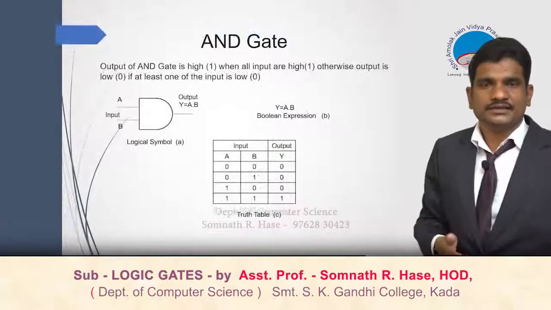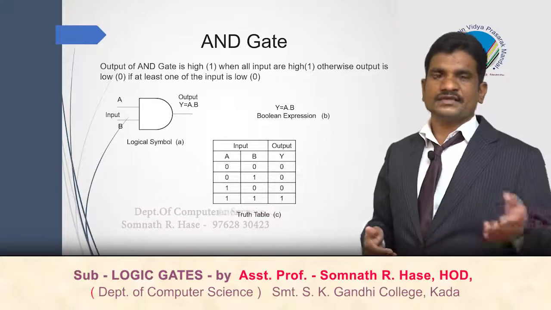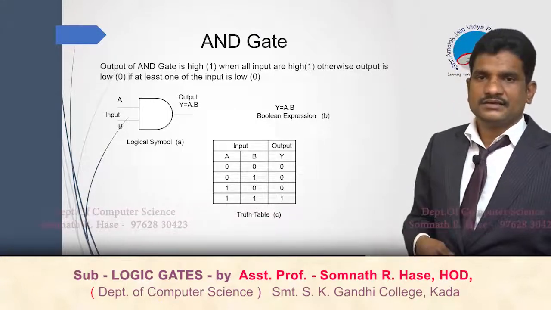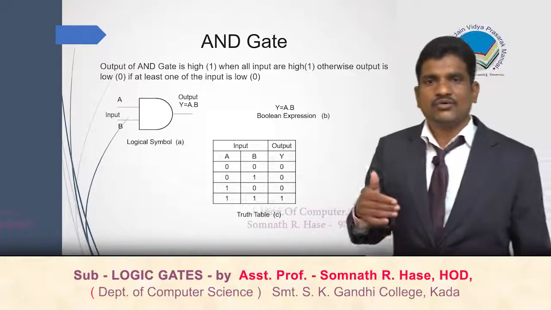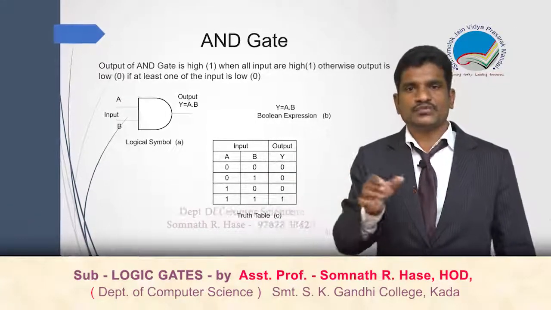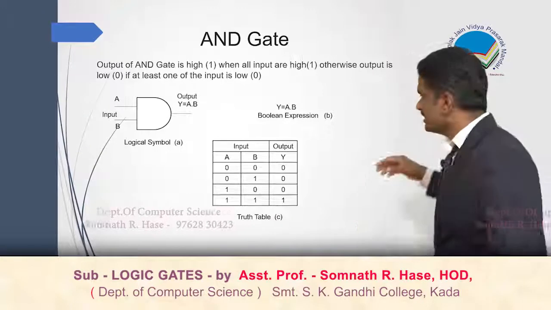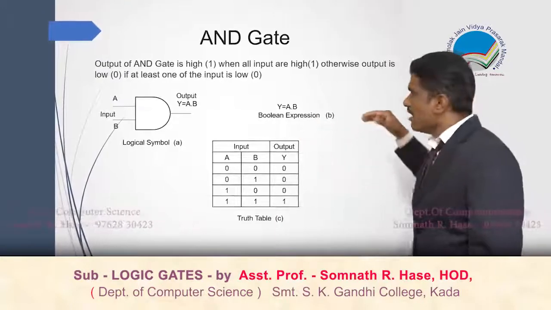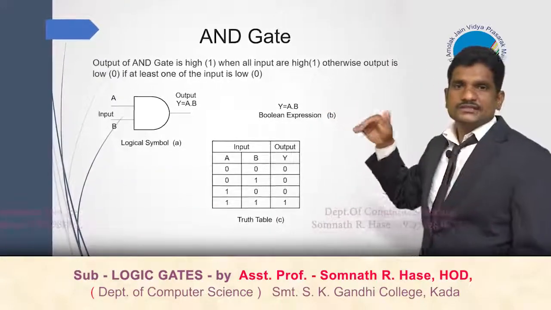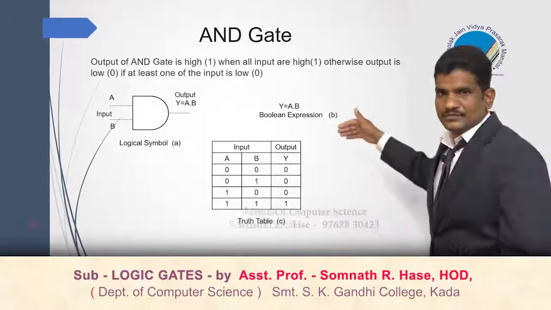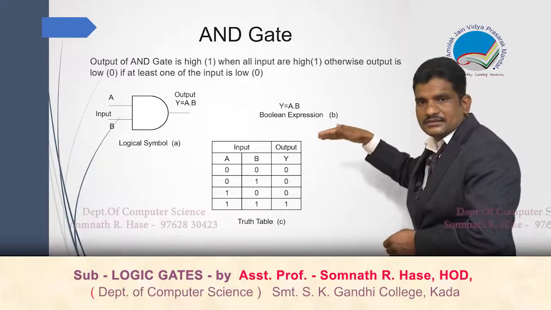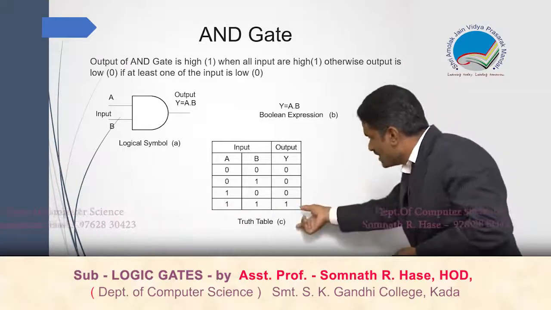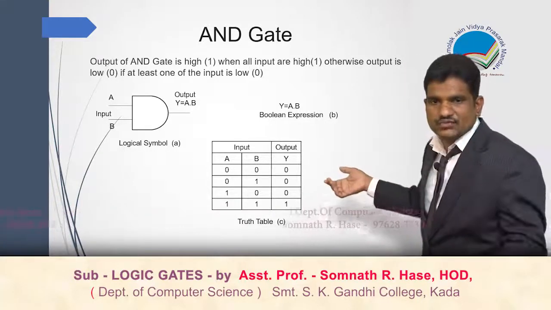After the NOT gate, we will see the next one, the AND gate. The AND gate states that the output is high when all the inputs are high. Whenever all the inputs are high, the output is high. Otherwise, the output is low. In the truth table, we can see that only when both the inputs are 1, the output is 1.